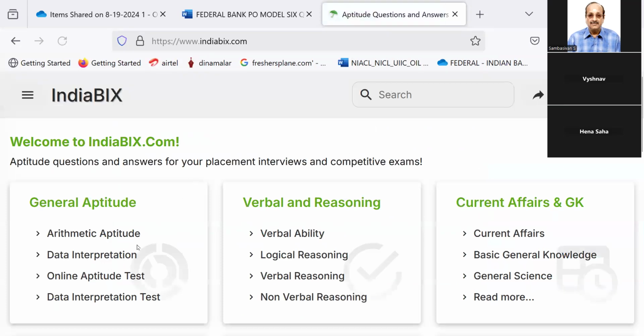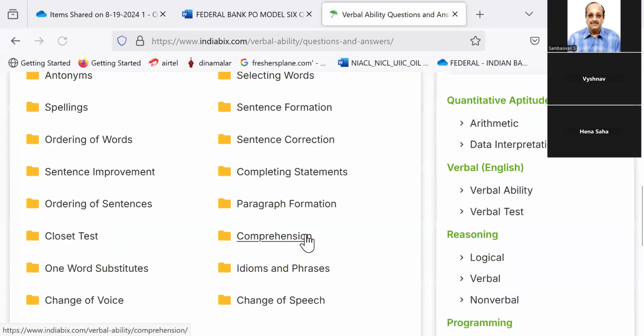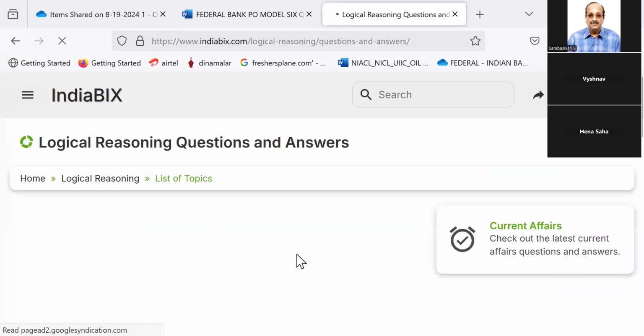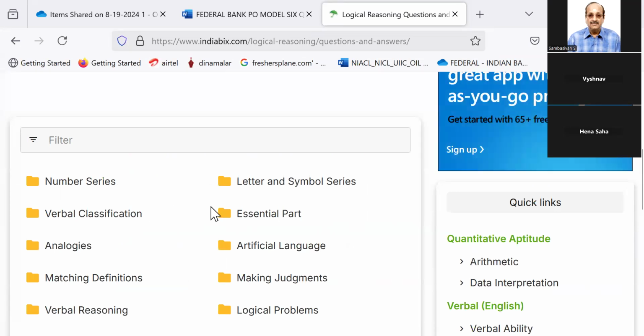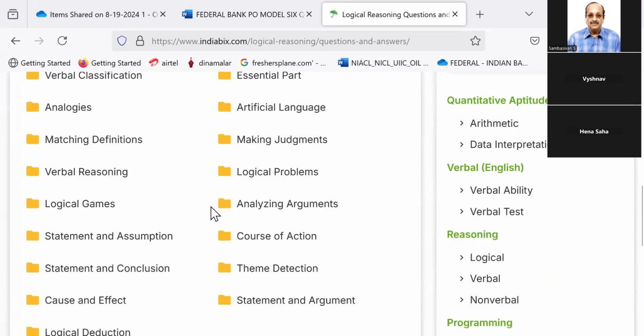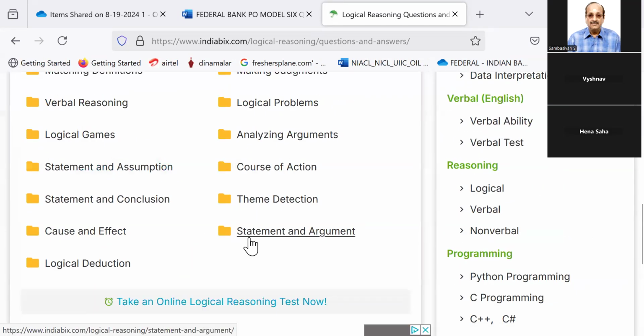IndiaBix.com. Then verbal ability. Not this one. Not this one. Logical reasoning. Here we can go for blood relations. Where is blood relations?